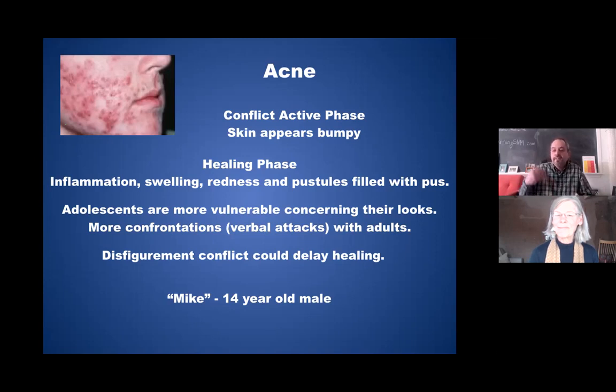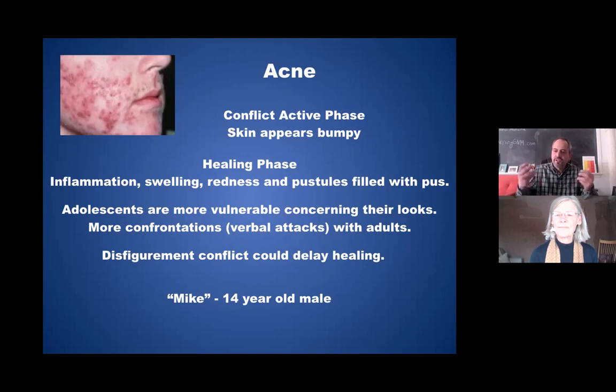Now, it's more of an attack. So there's this verbal attack component. And we're going to see that the skin rash, like get off my back, is a little different. So I want to be clear with the syntax here. This is feeling attacked from behind.